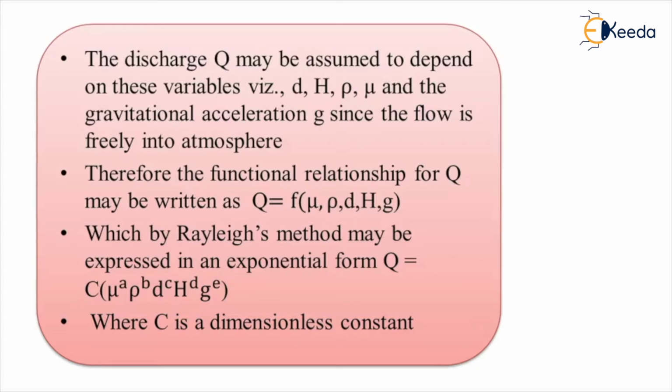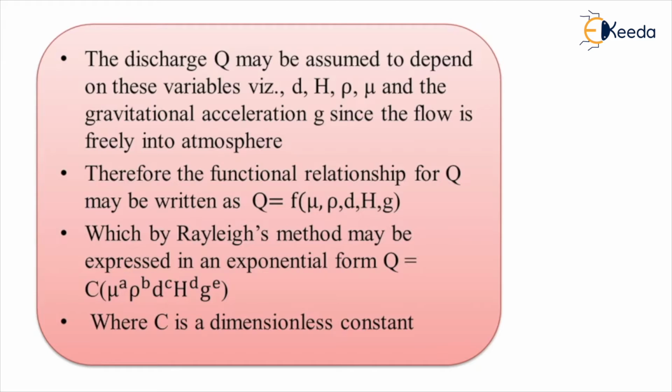The discharge Q may be assumed to depend on these variables: small d, that is the diameter of orifice, then capital H, that is the constant head, rho is the density, small mu, that is our dynamic viscosity, and g is our gravitational acceleration, since the flow is freely into the atmosphere.